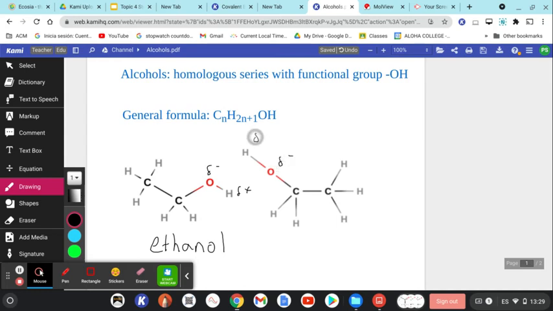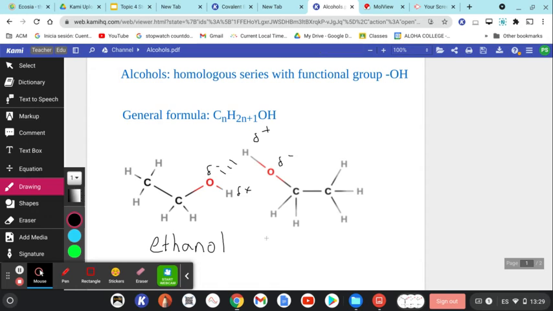So there must be an attraction between the oxygen atom on one molecule and the hydrogen atom of another. This attraction is called hydrogen bonding. It's the strongest type of intermolecular force. That is why alcohols have a high boiling point compared to other organic compounds.